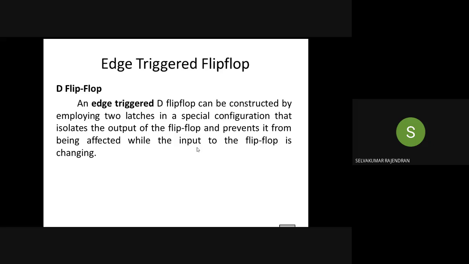That means if the first stage receives clock 1, then the next stage receives clock 0. By using a NOT gate, we complement the clock signal for the next stage. The first stage is named the master stage, and the second stage is named the slave stage. With the help of this configuration, we construct the edge-triggered flip-flop.